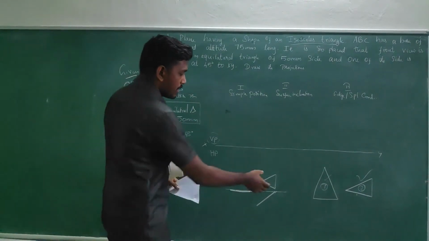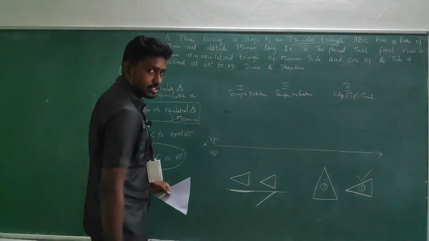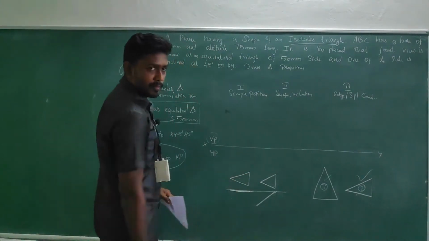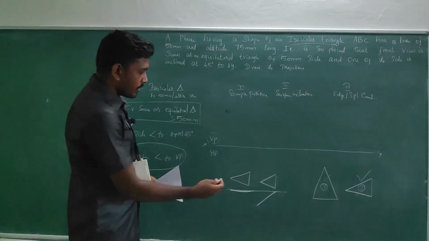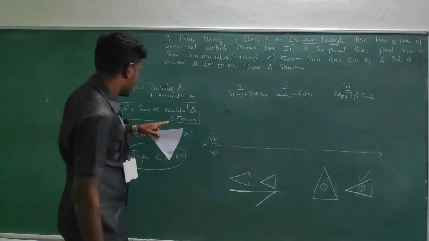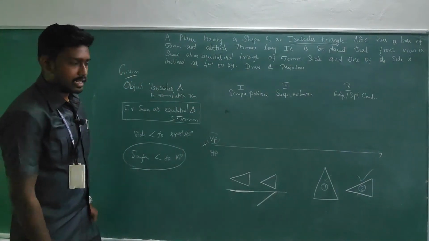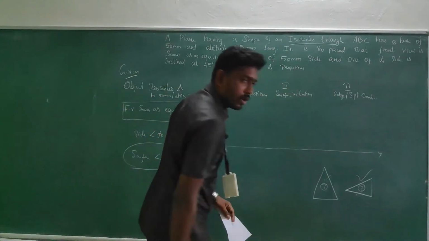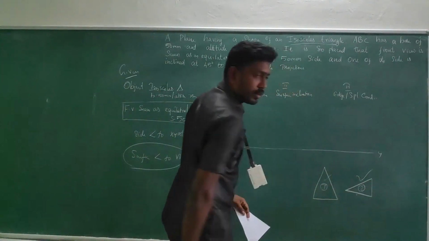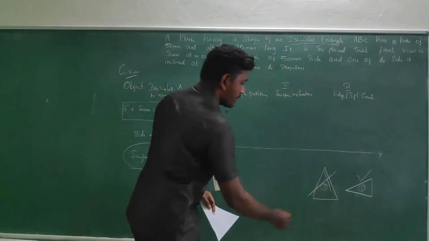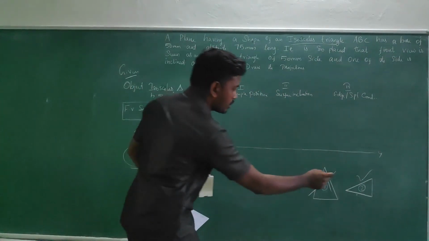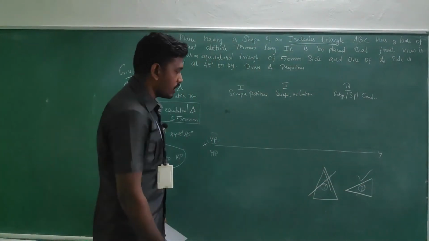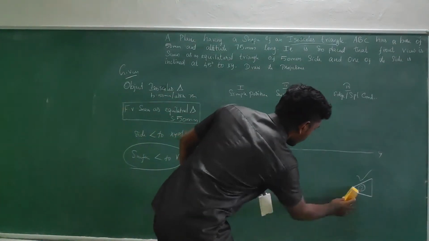So the size of the base will remain the same, just like 50, but the altitude will be reduced. So in order to get the perfect equilateral triangle, the possible way is only by going with the second position, not with the first one.